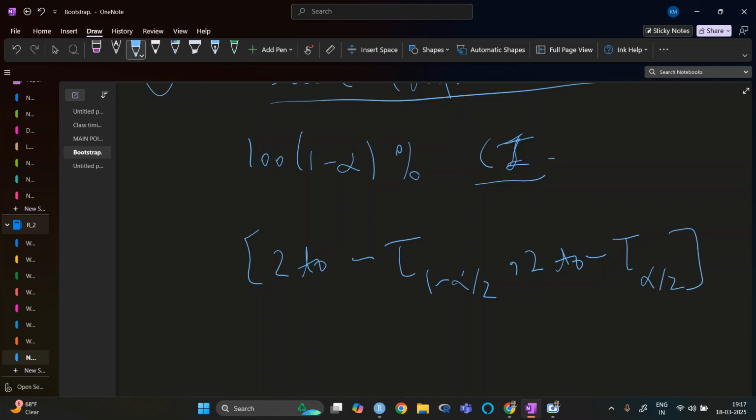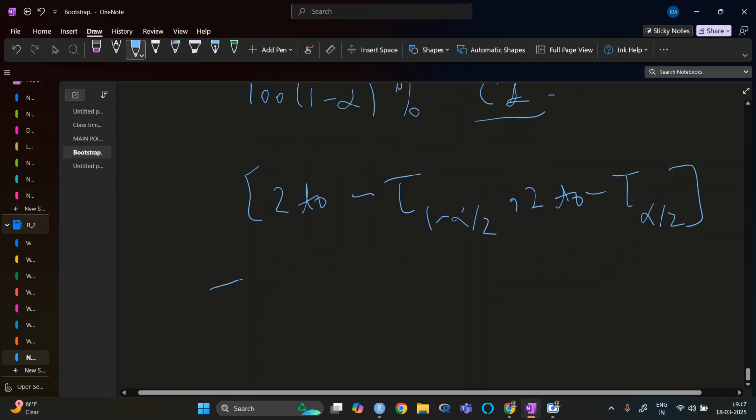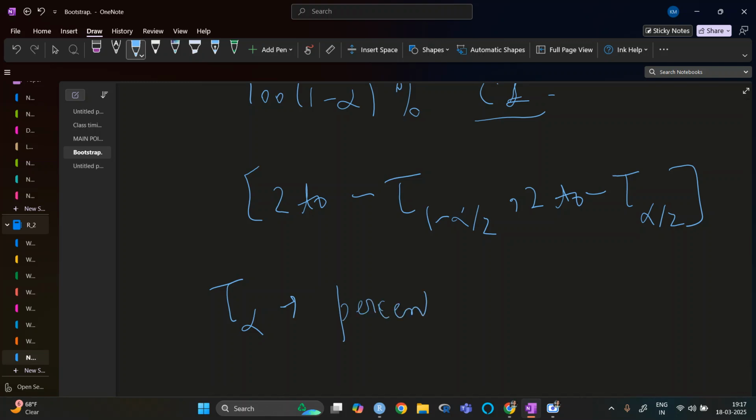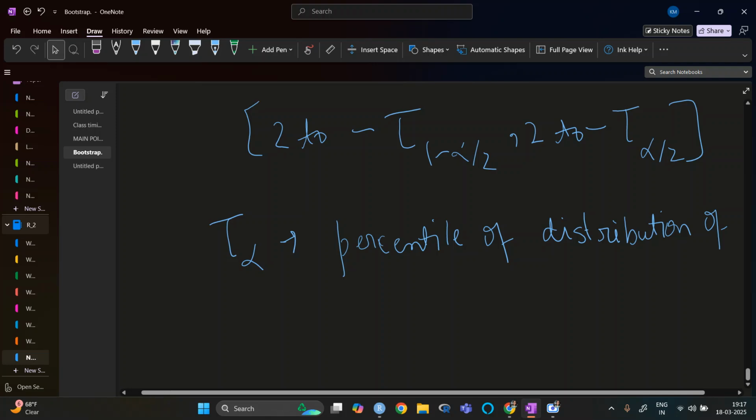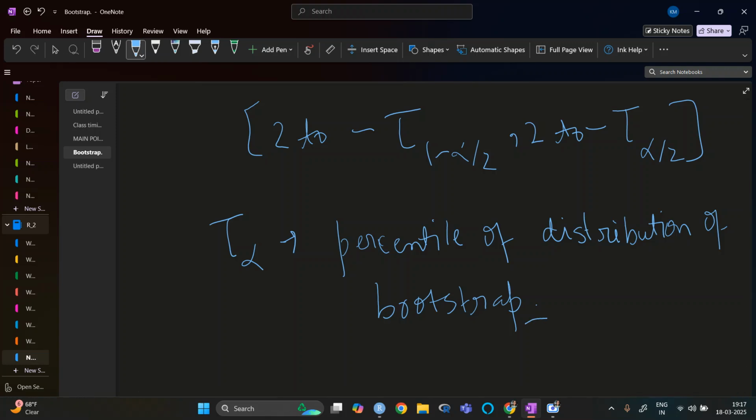Here t naught is the real one, and tau alpha is a percentile of the bootstrap distribution.